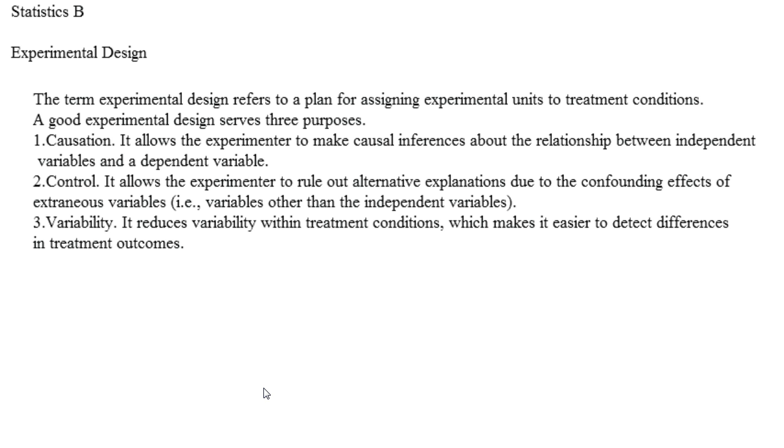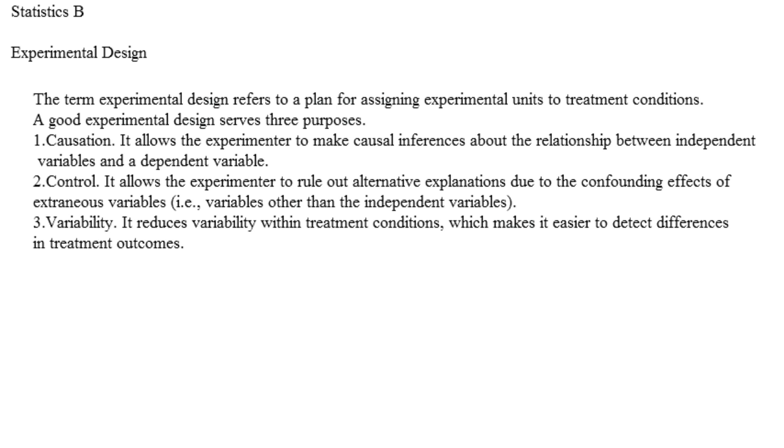And it also deals with variability. It reduces the variability within treatment conditions, which makes it easier to detect the difference in treatment outcomes. Okay. Next we'll talk about the different types, but for the time being we'll be talking about just these three parts.